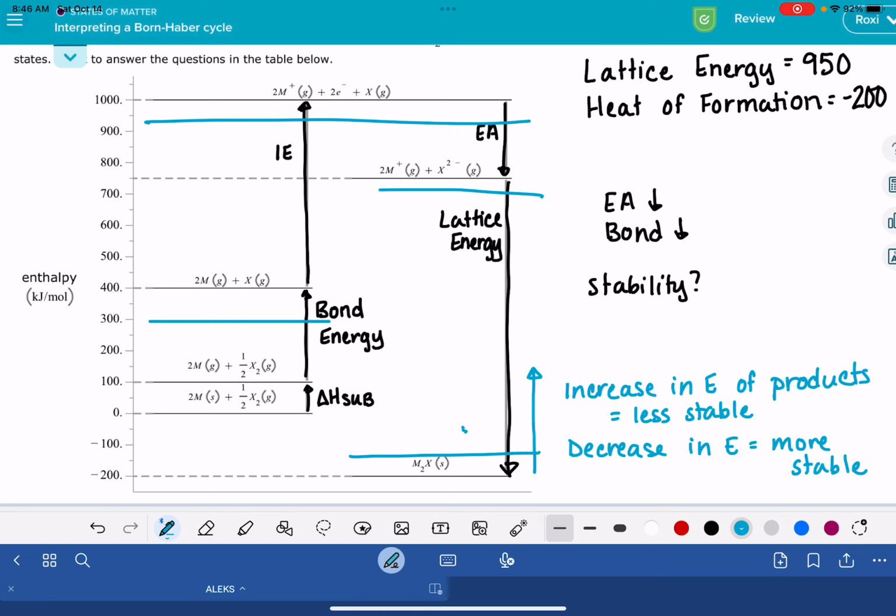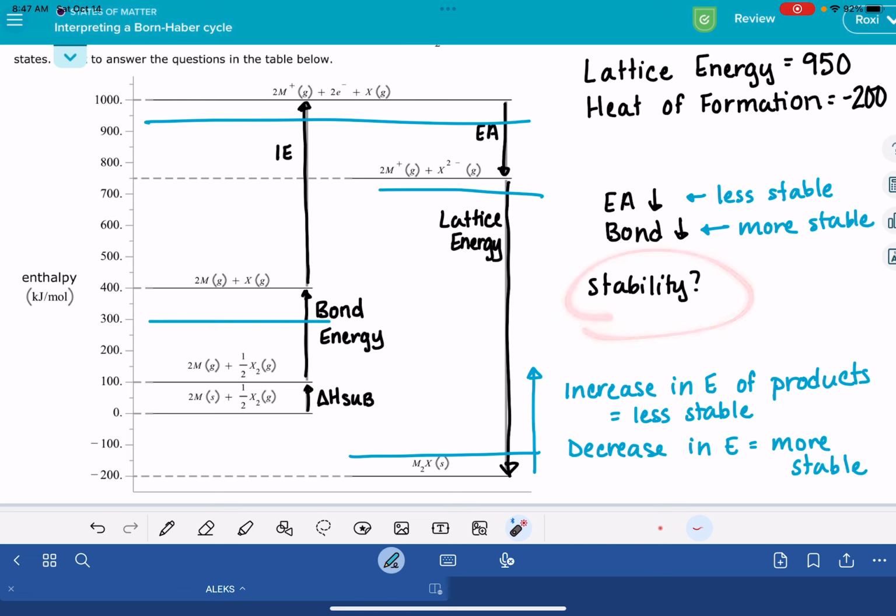So one of these transformations, the electron affinity, we saw caused the product to be less stable. The bond energy going down causes the product to be more stable, and we're not going to be able to make a prediction about stability unless we can actually calculate how much these lines are moving. So for this particular scenario, we would be able to say we couldn't tell. We don't know how this is going to affect the stability.